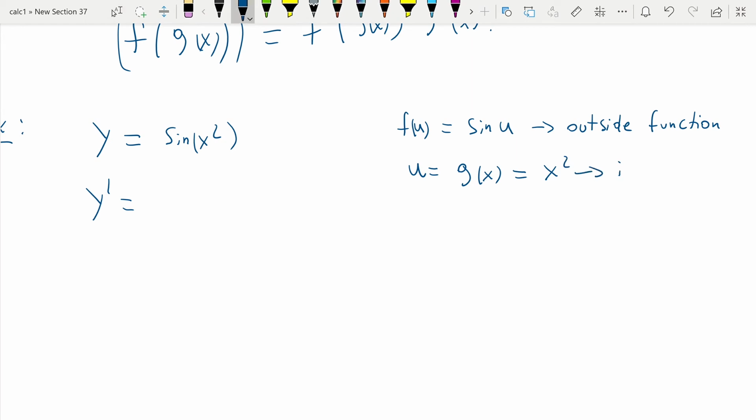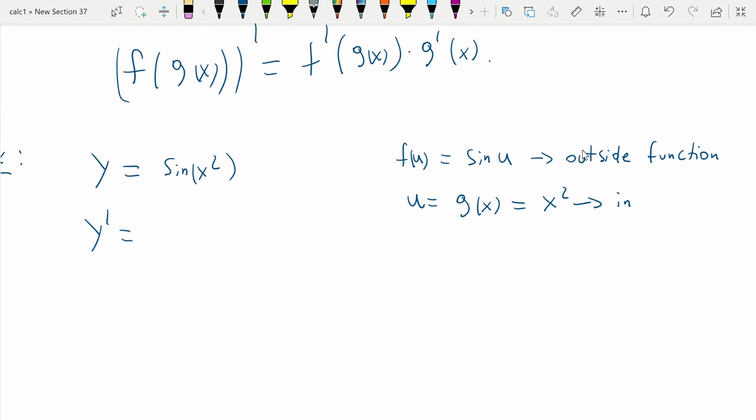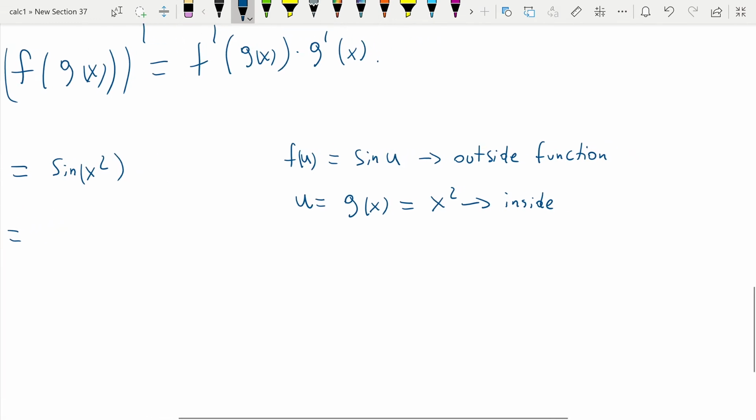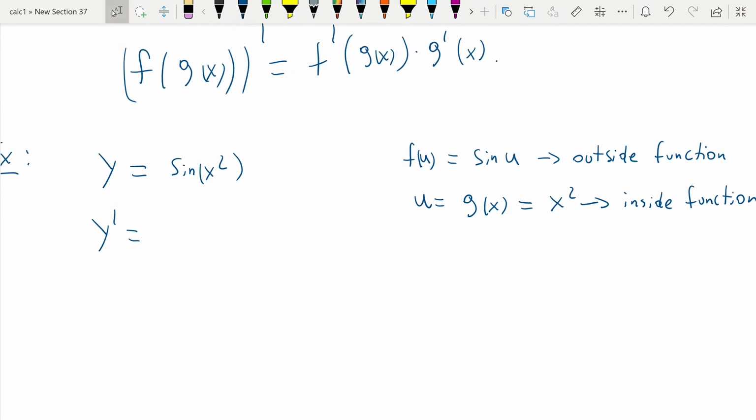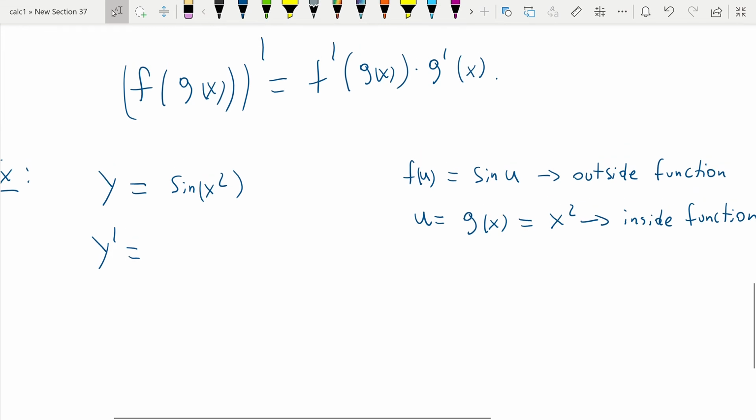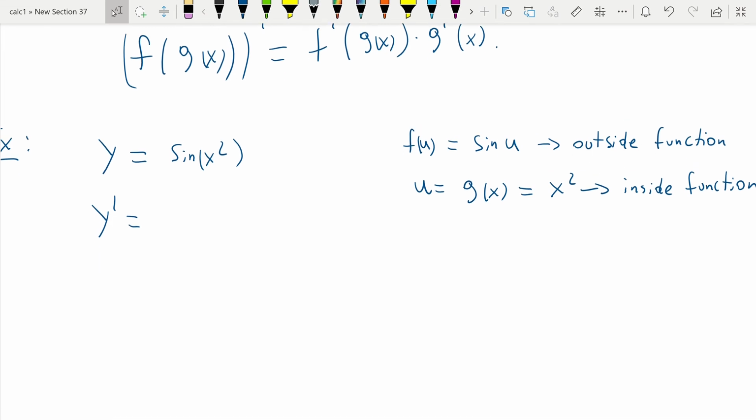This is the inside function. So according to the formula, and it's easy to check here, if we plug g of x in here, what we get is sine of x squared.